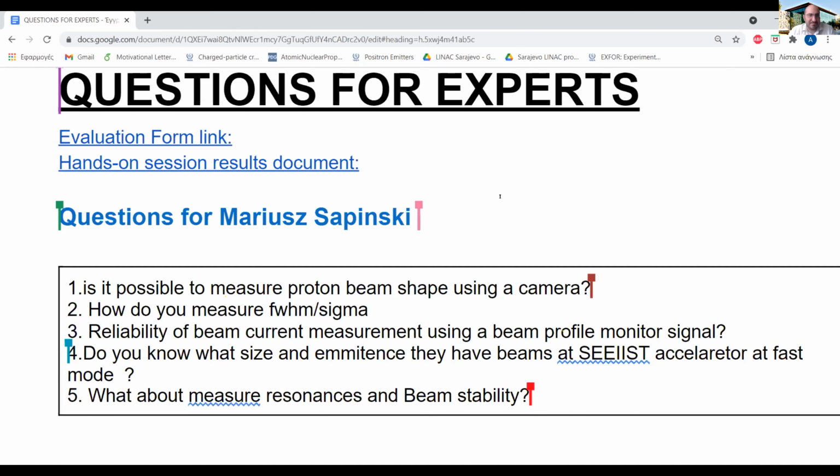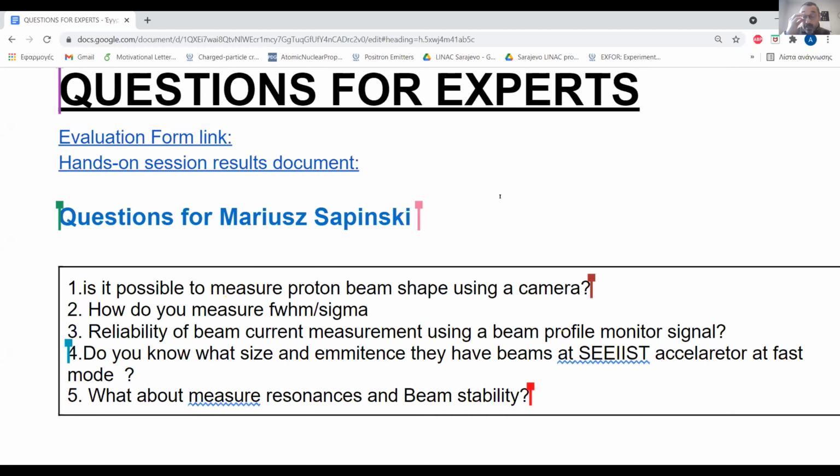Maybe I go through the other questions, but please really contact me if something is not clear. Is it possible to measure proton beam shape using a camera? Yes, it's possible, depending on where. For instance, at the low energy part, in a LINAC, where the beam goes only once through the structure, you could inject a gas.